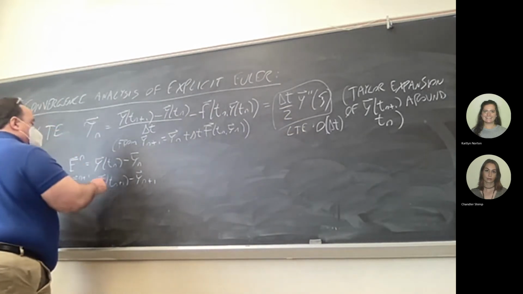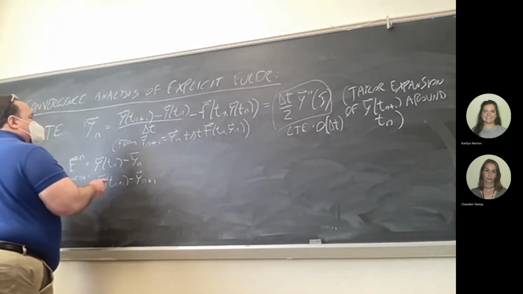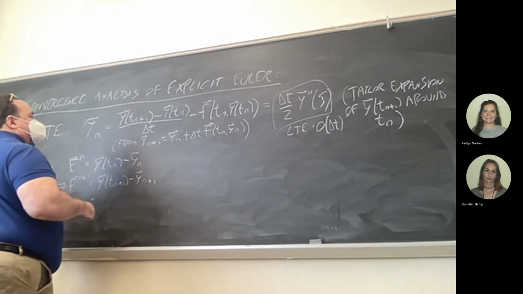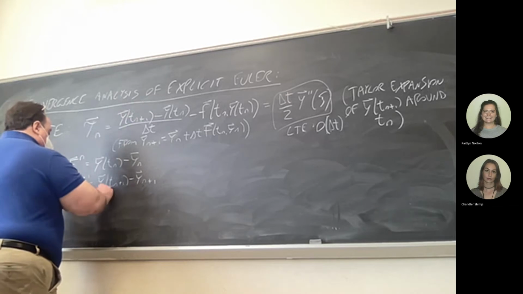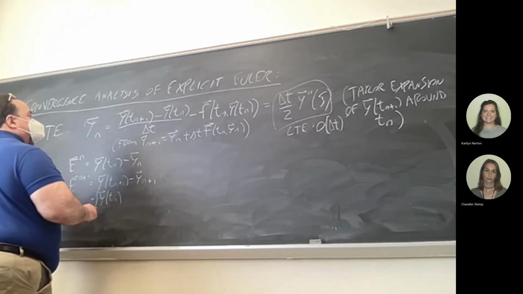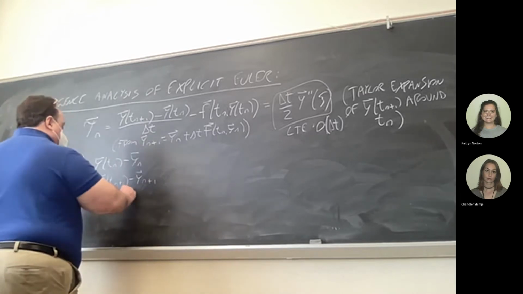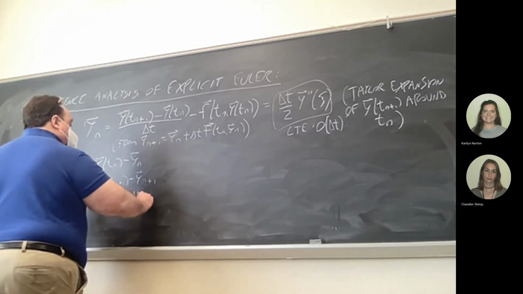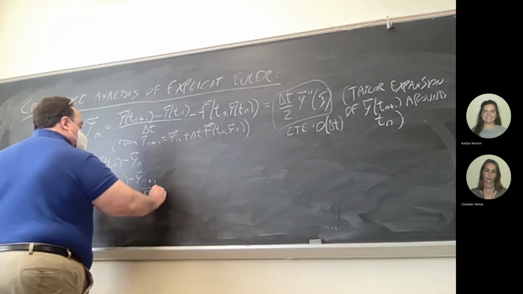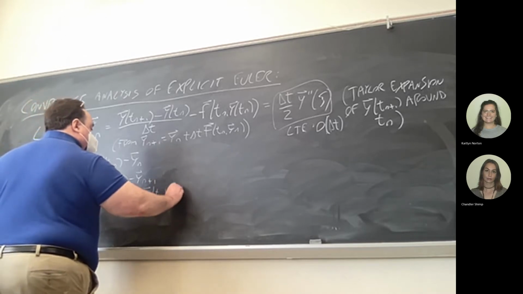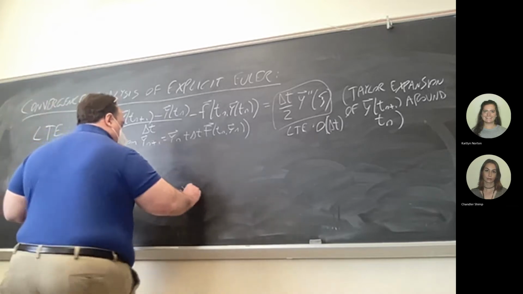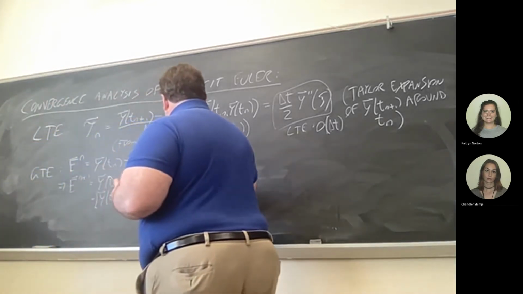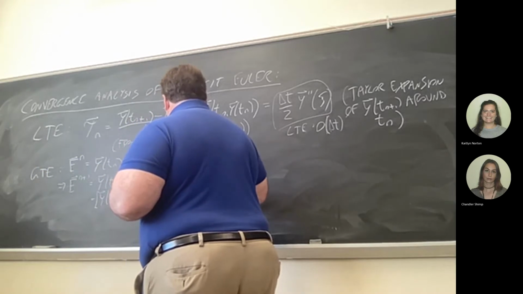So y(t_{n+1}), if I rearrange this equation, is going to be equal to y of t_n, plus delta t f at (t_n, y(t_n)), plus delta t times the local truncation error.